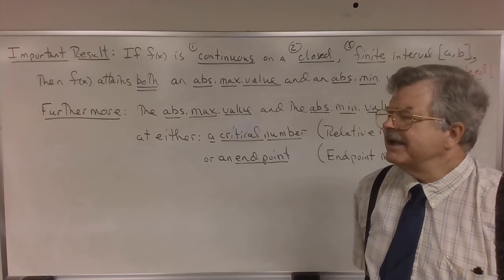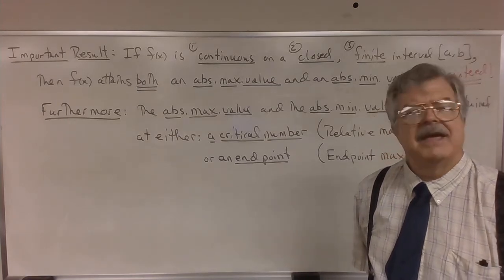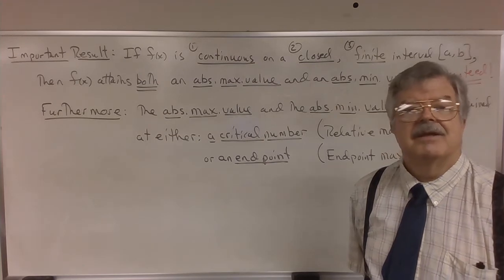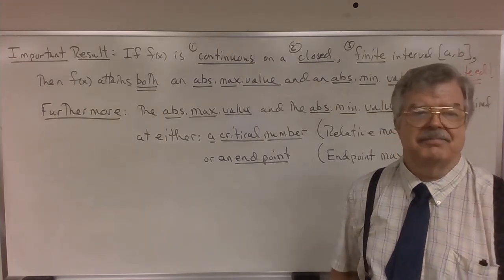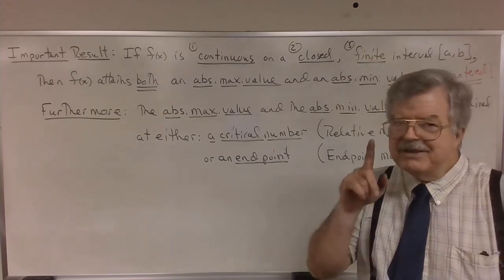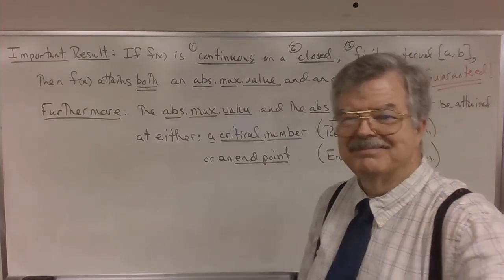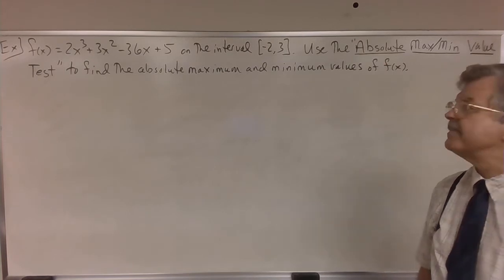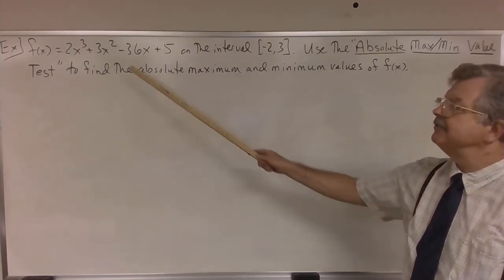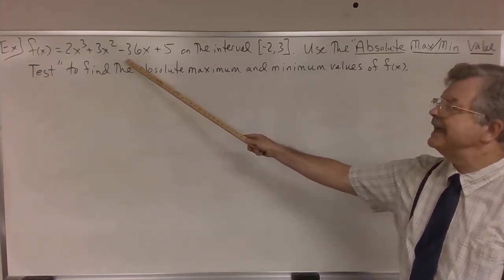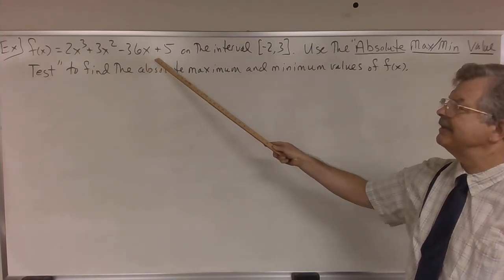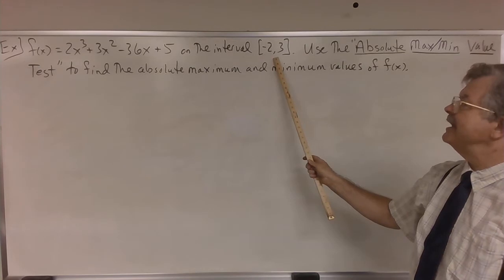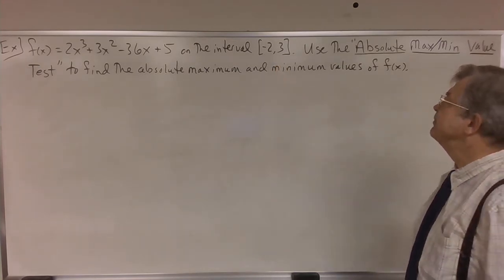Usually at this time I give a speech, but I think I'm going to do a few examples first before I give my speech. But the speech is coming. Okay, here's an example. F of x is 2x cubed plus 3x squared minus 36x plus 5, restricted to the interval -2 to 3.